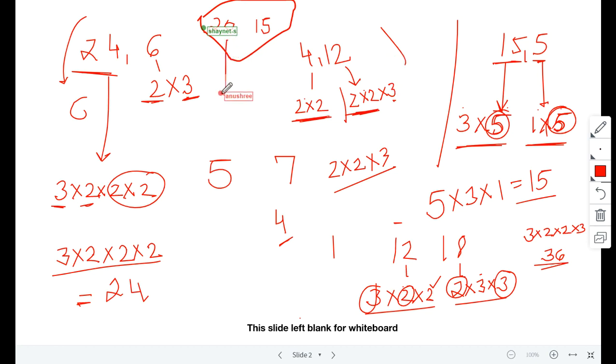Tell me, prime factors of 20. Prime factors of 20. That means if you multiply the numbers, you'll get 20.